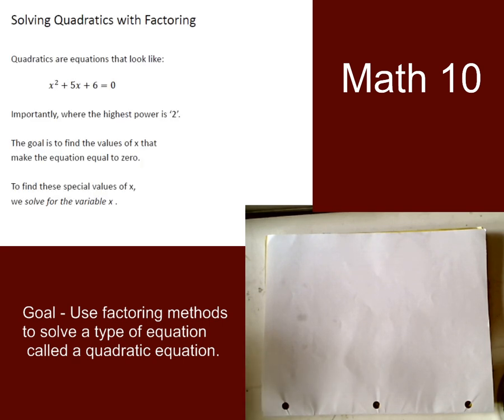So first, what does it look like? If you take a look at the slide here, quadratic equations usually look like this, where they have an x squared term, they have an x term, and then a lone number at the end, equal to 0. That is, when it's set up in a useful way, we have the x going down in the order of the power.